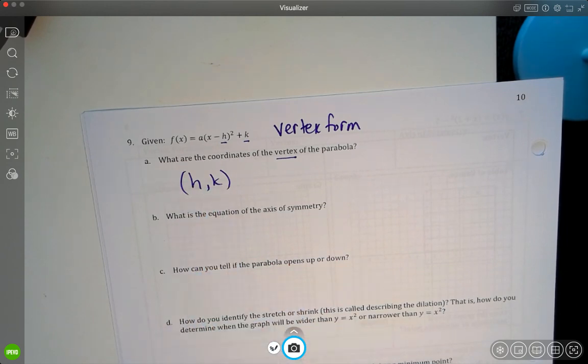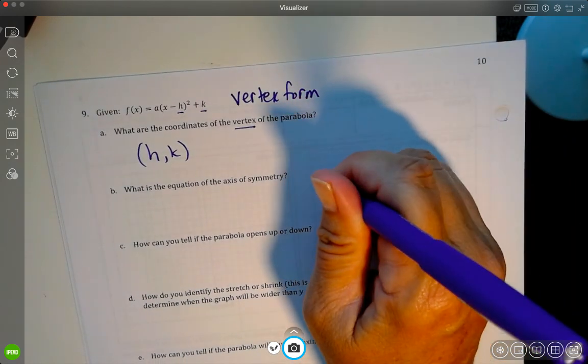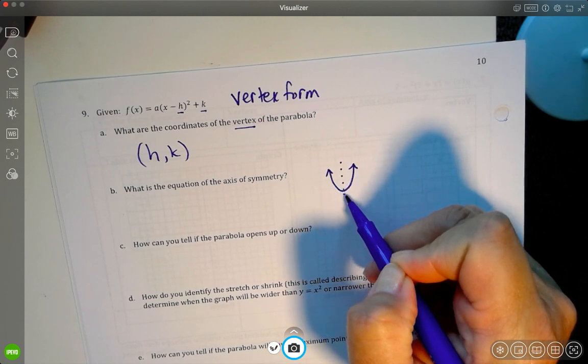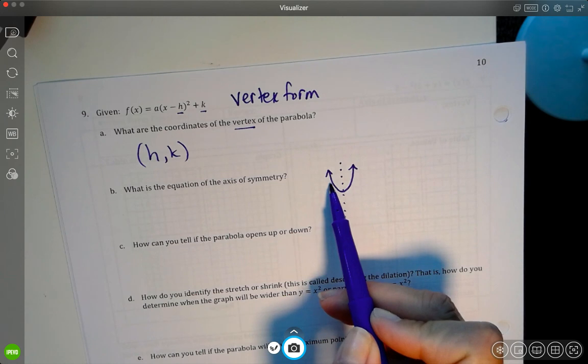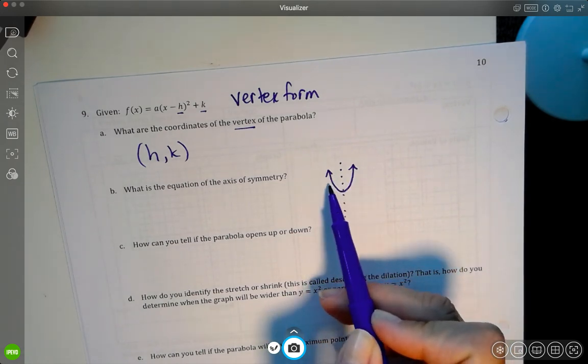And then what is the equation of the axis of symmetry? Well, when you have a parabola, it's symmetric. So you have an axis of symmetry that is just a guide on how you would graph a parabola, but it's not actually part of the graph. But it gives you a guide because every point on either side is a mirror image of whatever is on the other side over the axis of symmetry.